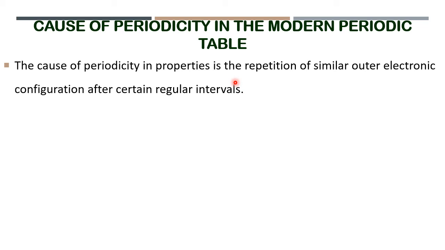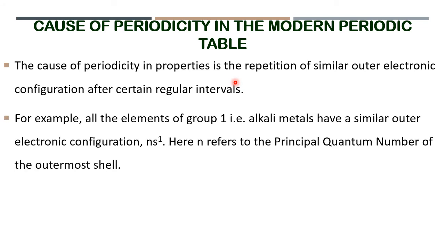For example, all the elements of group 1, the alkali metals, have a similar outer electronic configuration. Hydrogen has 1s1, lithium 2s1, then 3s1, 4s1, in general ns1. Here n refers to the principal quantum number of the outermost shell.